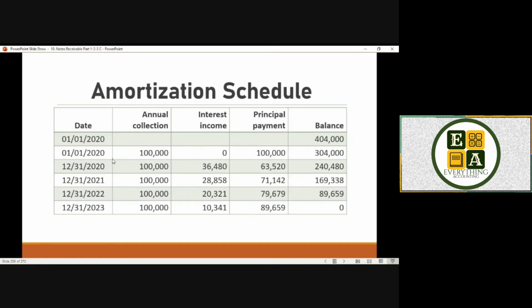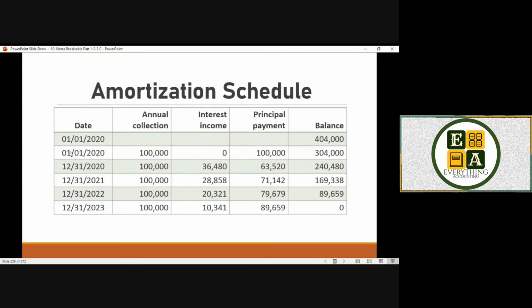So first payment, January 1, second payment, December 31 of the same year, then third payment, December 31 of 2021, fourth in 2022, and fifth in 2023. So we made 2 payments in a single year, but the first payment date is on the same day of the transaction.